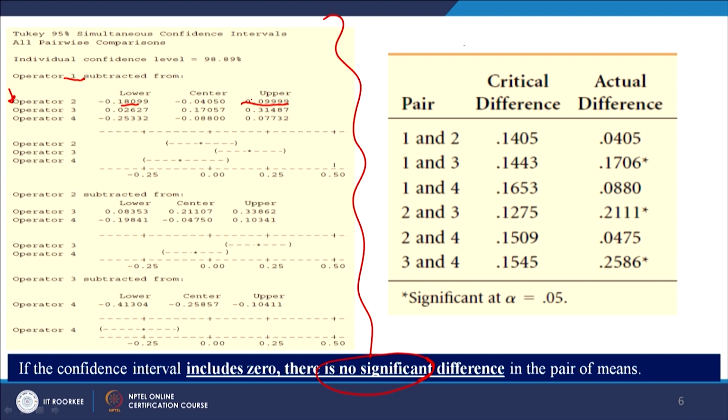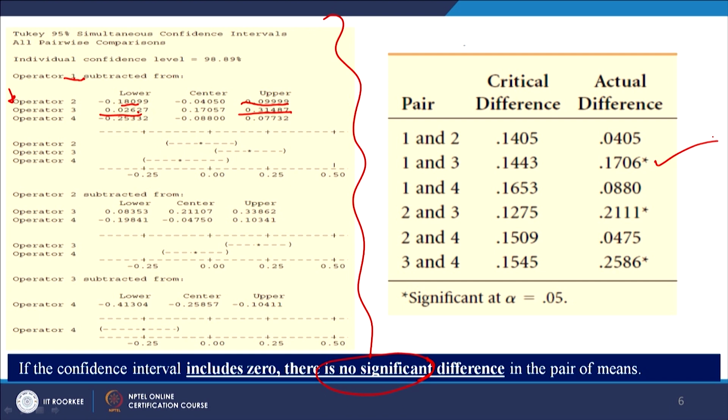If you look at group 1 and 2, is there any 0 between upper and lower limit? Yes, there is 0. So, we will say there is no significant difference, they are same. Let us look at 1 and 3, this 0.31, 0.02. So, there is no 0 in this range. So, we will say there is a significant difference between 1 and 3, which can be seen here as well.